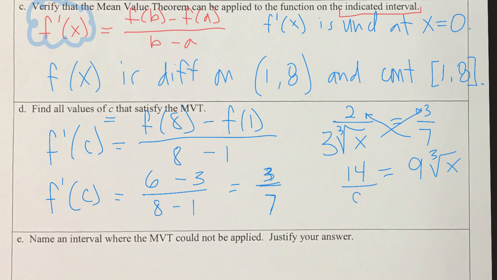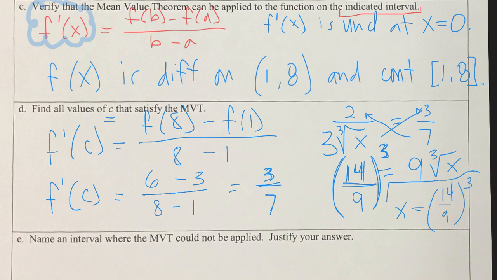So we divide both sides by 9 and then cube that. Okay, which because this is a non-calculator problem, 14/9 cubed is perfectly fine. Okay, 14/9 to the third power. That is going to be your answer for where our function has a 3/7 slope.